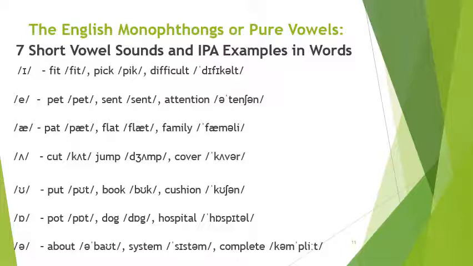Then number 6, o, as in pot, dog, hospital. And lastly, we have the final vowel as in about, system, complete.